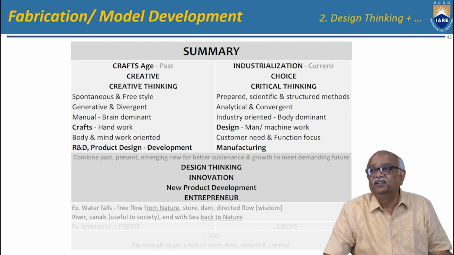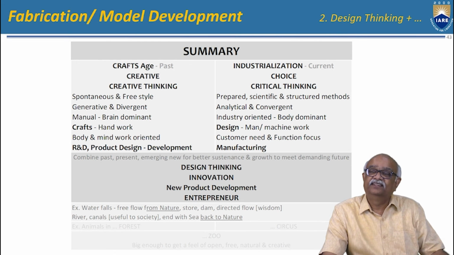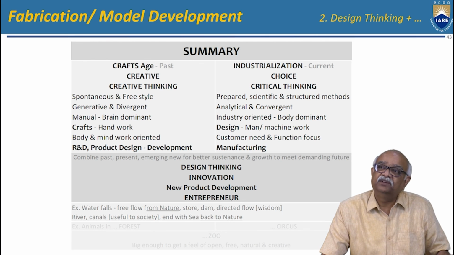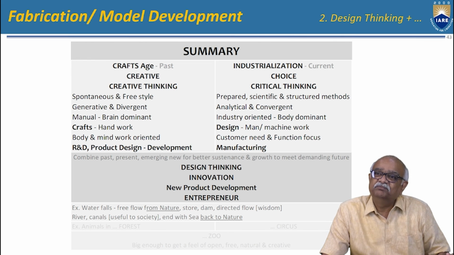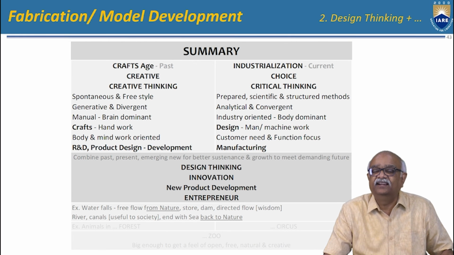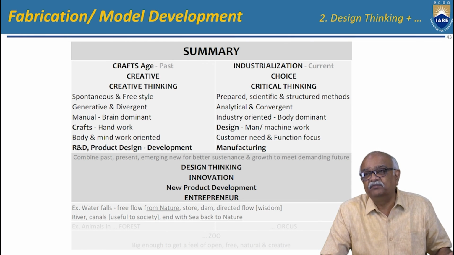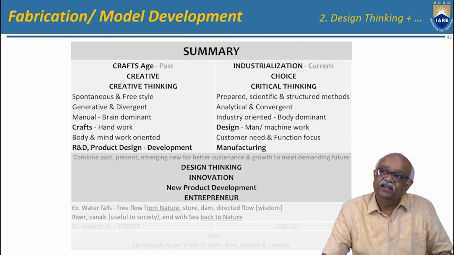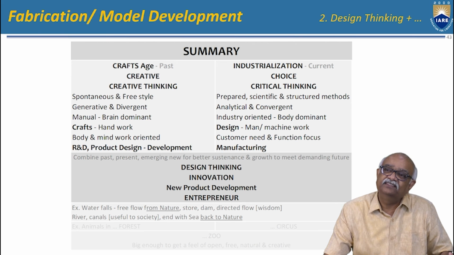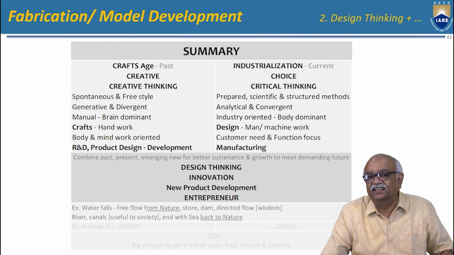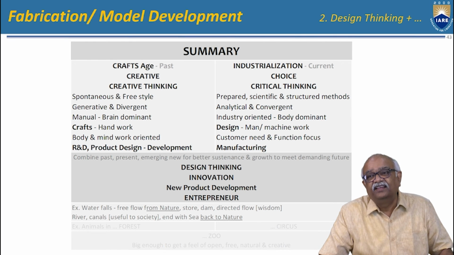That's why you have to find a place to store it. And if you continuously store, it overflows. That's why you should have a dam where you release it whenever you want, and direct the flow to a particular side, and that forms a river or a canal. When the canal is flowing, it will reach the sea. In between, this water will be useful to society. This is how nature is, and in the same way, our product also.